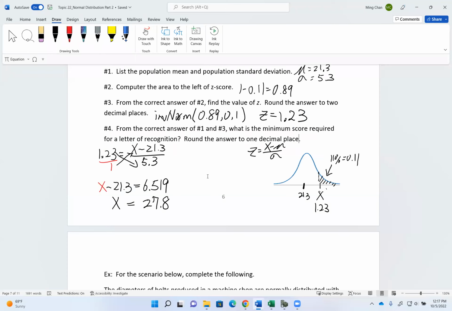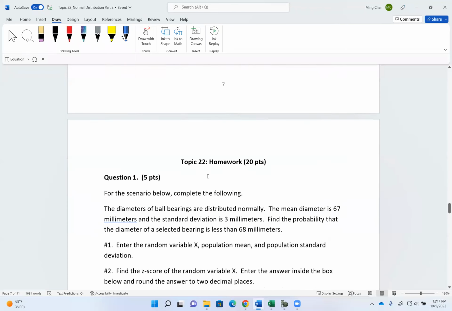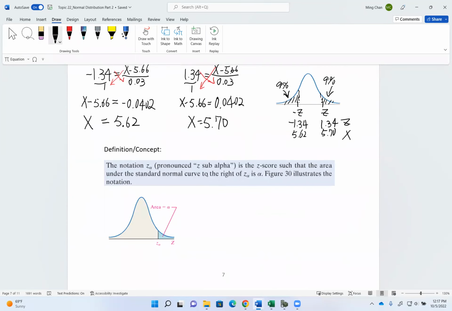So for example, if I say z sub 0.1, that means I'm looking for the z-score whose area to the right is 0.1.